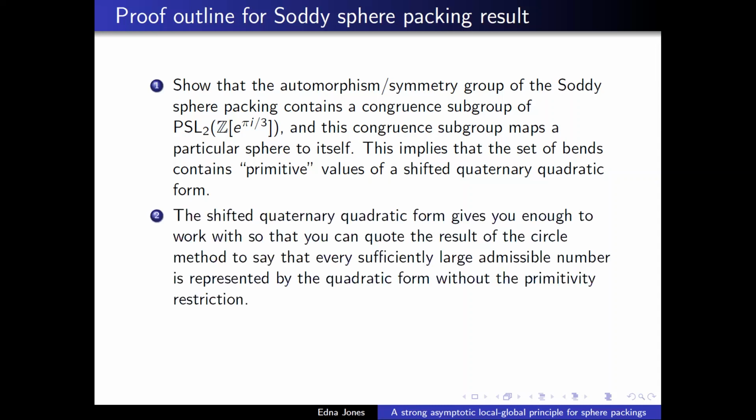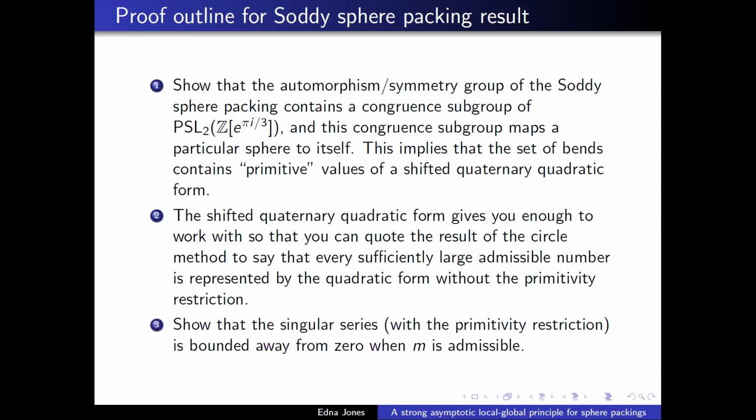Okay. So the shifted quaternary quadratic form gives you enough to work with. So you can quote the result of the circle method to say that every sufficiently large admissible number is represented by the shifted quadratic form, without the primitivity condition.